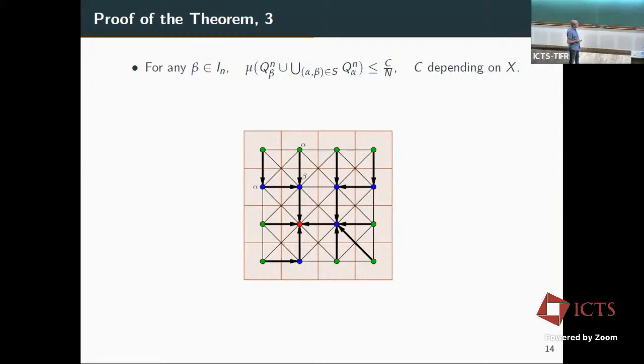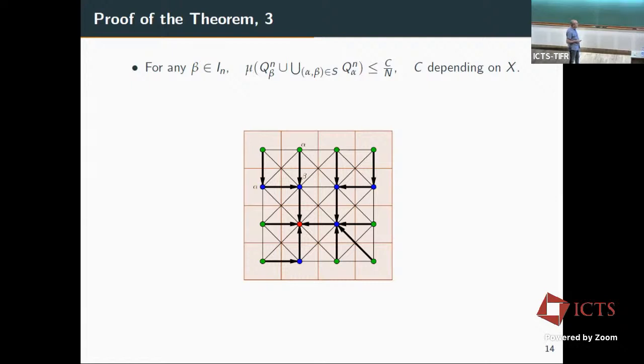Take any beta here. This is a cube. And then we know that the measure of the union of all the cubes which are neighbors to beta, and such that alpha comes before beta in the tree, so in this case these two cubes, the total volume is going to be smaller than C over n, where C depends only on the space.